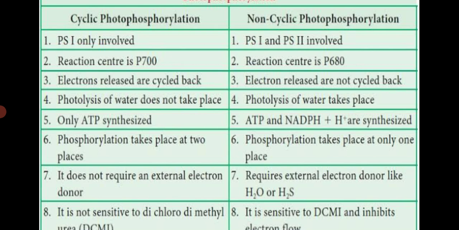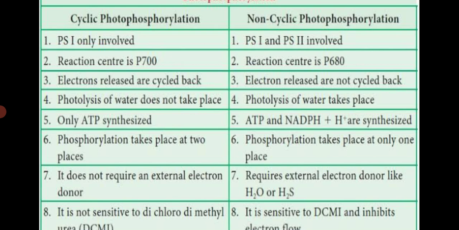Only ATP is synthesized in cyclic photophosphorylation. In non-cyclic photophosphorylation, ATP, NADPH and hydrogen are synthesized. Photophosphorylation in cyclic photophosphorylation takes place at two steps, whereas in non-cyclic photophosphorylation it takes place at only one place.